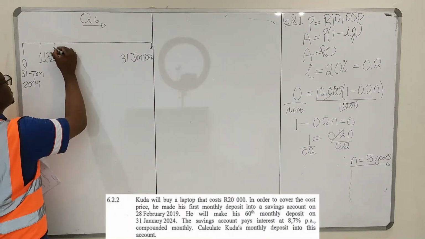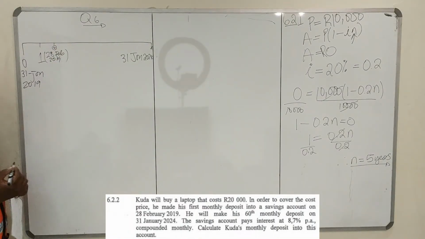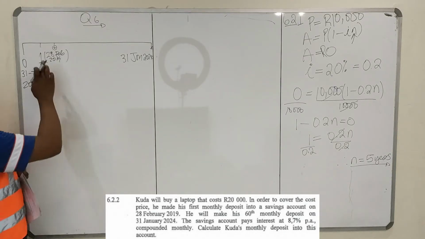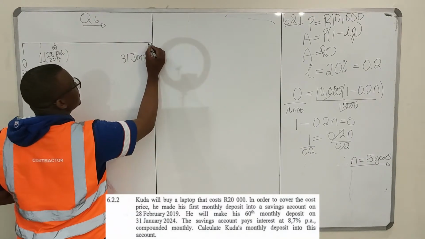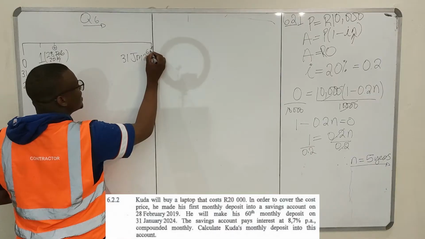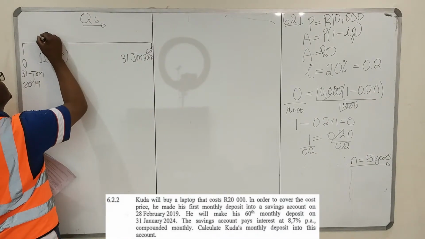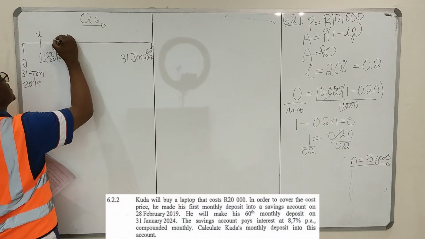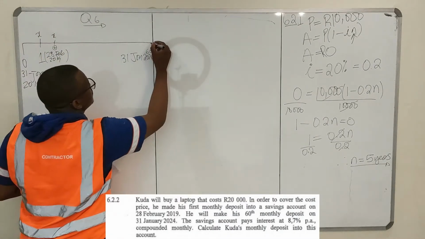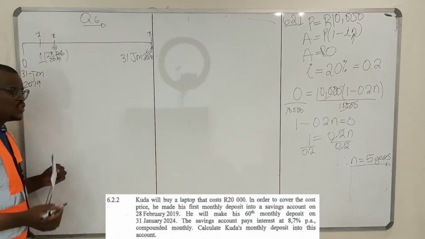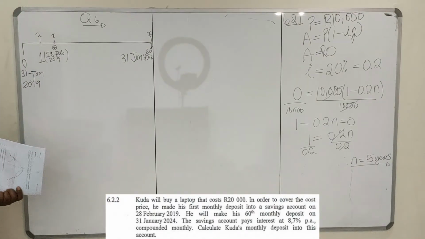His second deposit will be made here, that is end of March. And then he continued until here. So he'll be making his 60th deposit there. So our friend here started adding money here, whatever the amounts that he was adding, up to here. So in total, he made 60 deposits into the account, right?